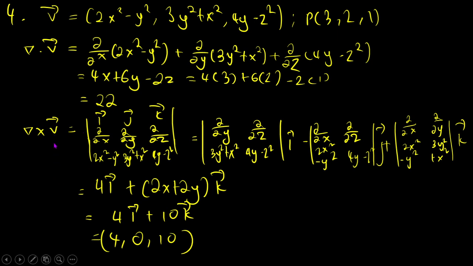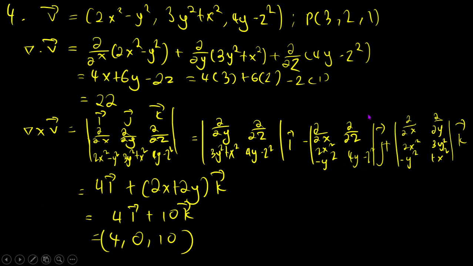For the curl of vector v, we need to find the cross product for the given formula, which is finding the 3 by 3 determinant. We know how to find the determinant. This is the step, and I'm going to state the answer here, which is 4i.